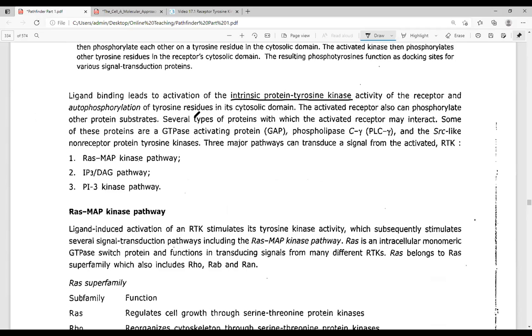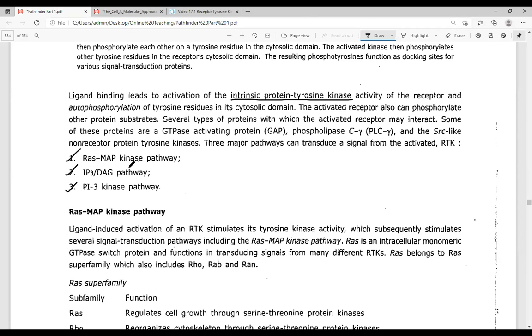Activation of the receptor and its autophosphorylation in its cytosolic domain will cause the activation of several different types of protein systems and will induce three major types of pathways: the RAS MAP kinase pathway, the IP3 DAG pathway, and the PI3 kinase pathway.